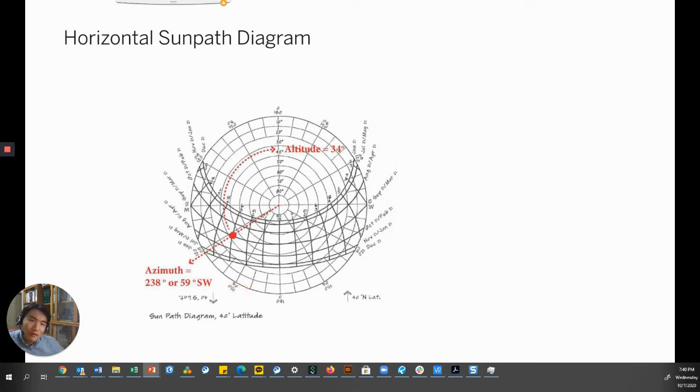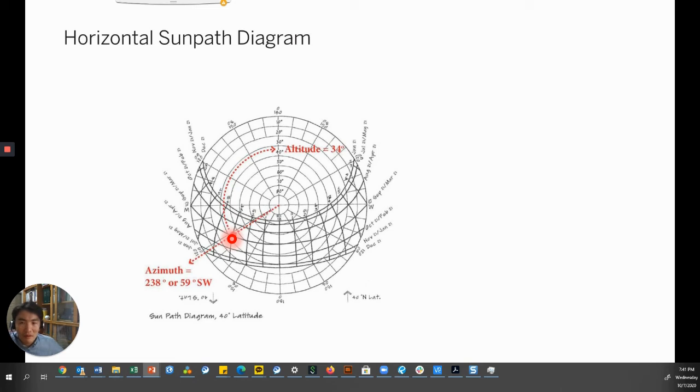First, let's locate a time of the year from this diagram. Since the time we want to find out is March 21st, I locate the day from the right side of the diagram and follow the diagonal line till I reach the time of the day, which is 3 p.m. Once I located the time of the year on this diagram, I'm ready to read the azimuth and altitude information from this diagram.